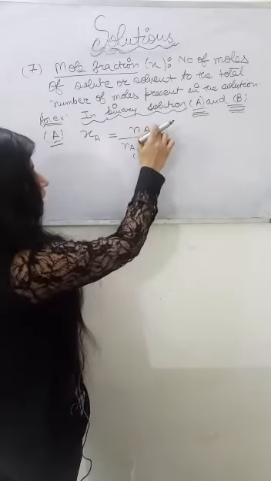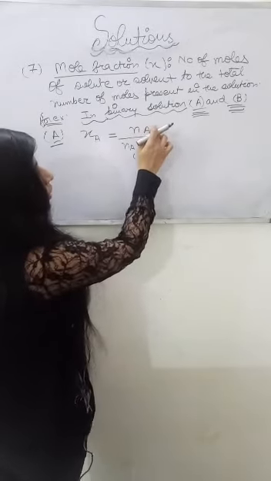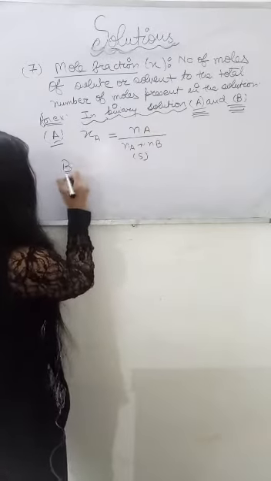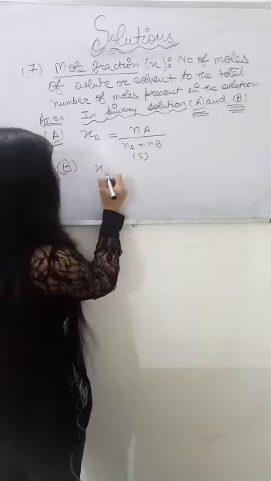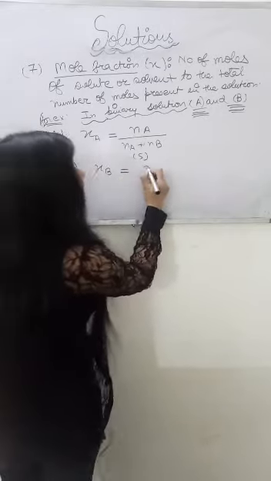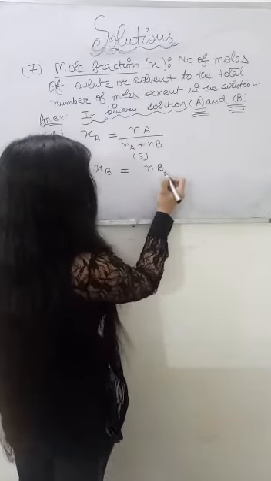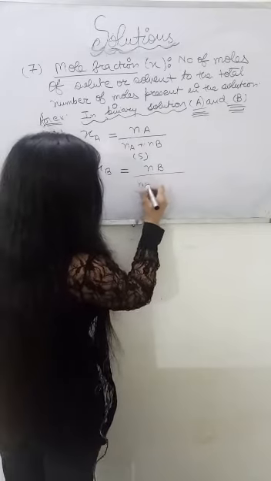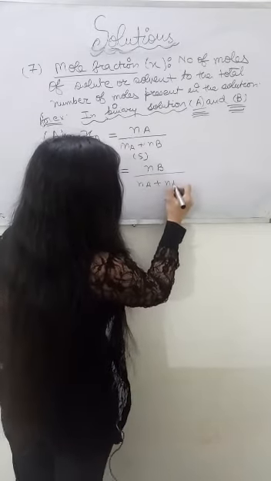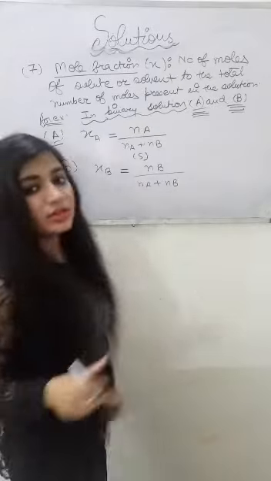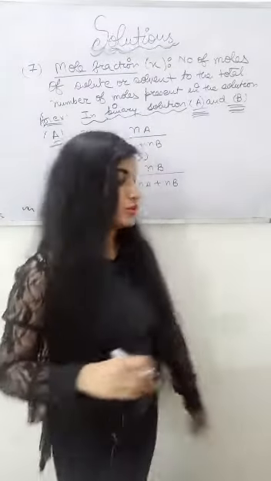Then if we take B, Xb is equal to Nb, that is moles of B component, by moles of solution Na plus Nb, that is moles of A and moles of B together termed as moles of solution.